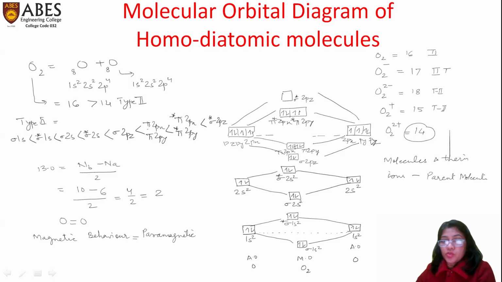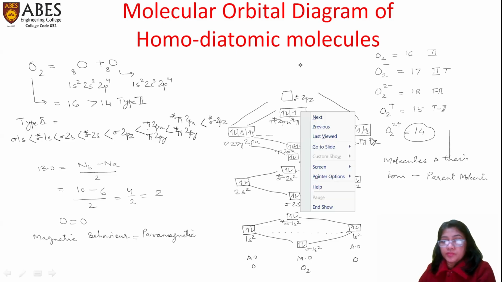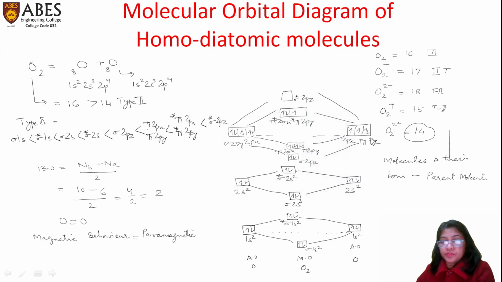For O2 2 minus, one more electron will be added over pi star 2py. In case of O2 plus, electrons will be removed. In O2 plus we have 15 electrons, so we will be filling only one pi star 2px. Similarly, we can make the molecular orbital diagrams for the other ions.